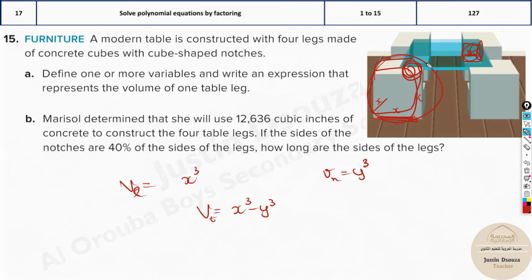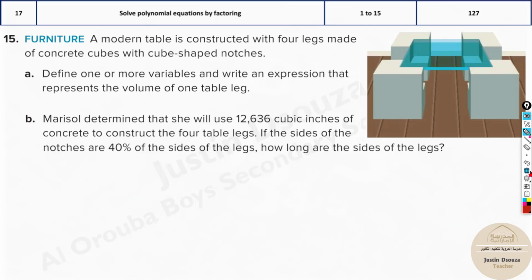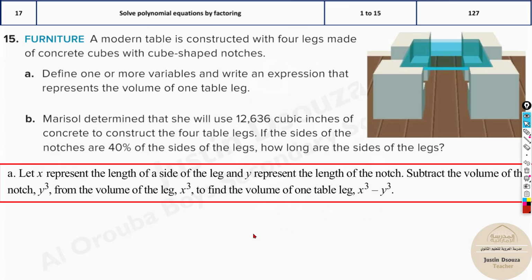So the entire cube minus the notch would give us the exact volume. I'll write here: exact volume, total minus whatever the hollow space, because when you're building it's not full, so that much is gone, right? That hollow space we have to remove, so it's minus y cube. I hope that is clear. See here, that's how we get that expression.